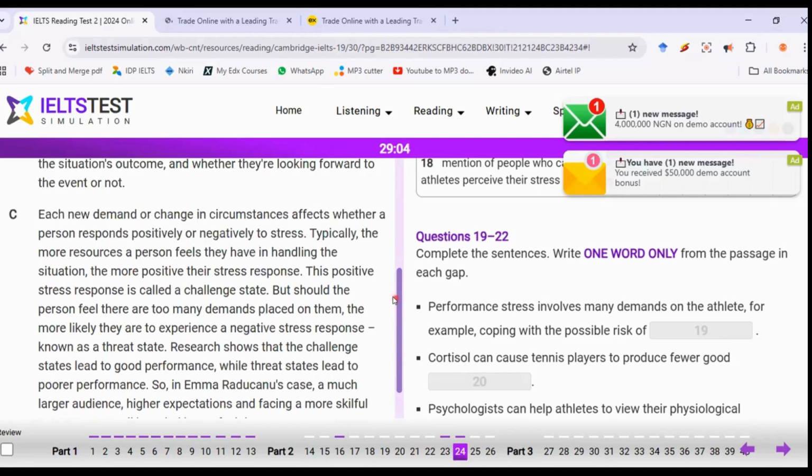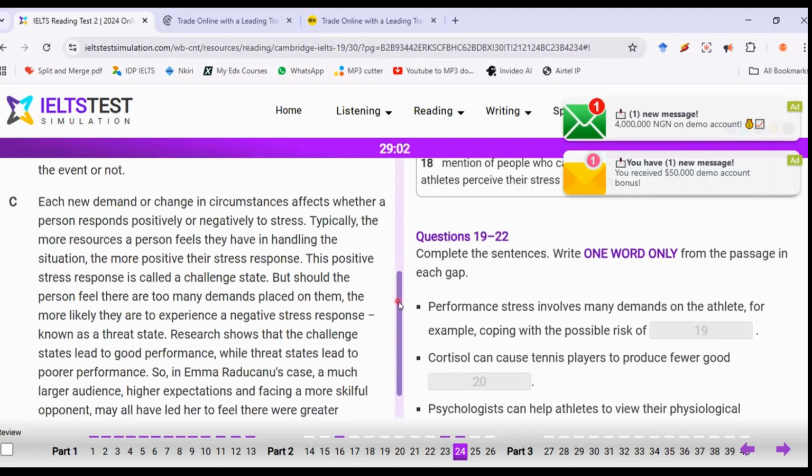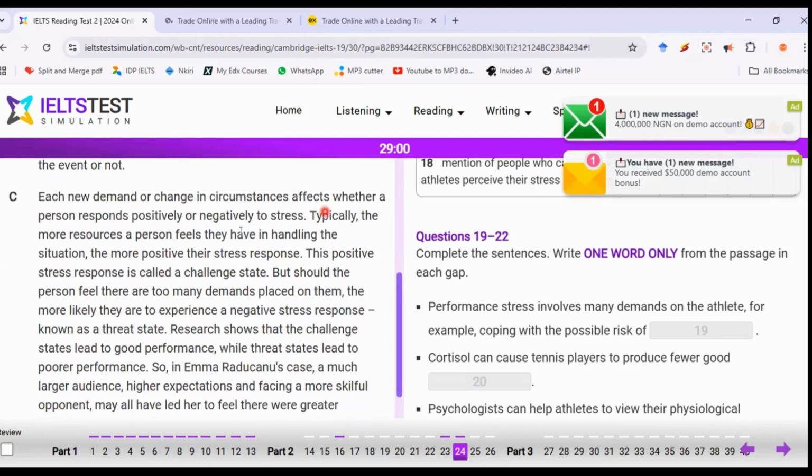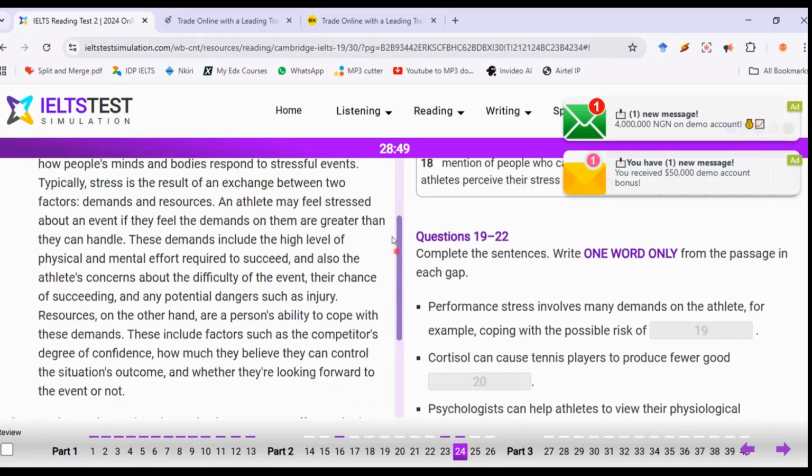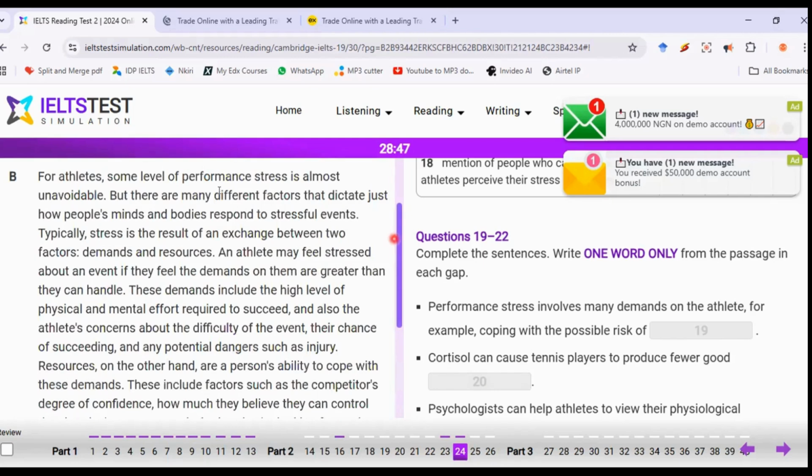I need to look at that paragraph C again. Handling the situation, okay, possible risk of something. Let me check paragraph B. Possible risk. Is it possible risk of...? No, it can't be stress.